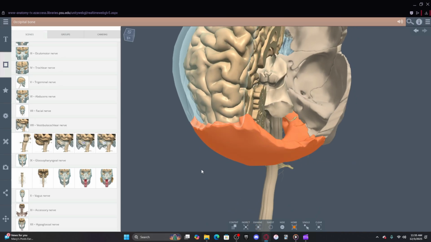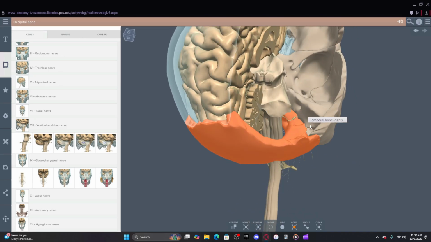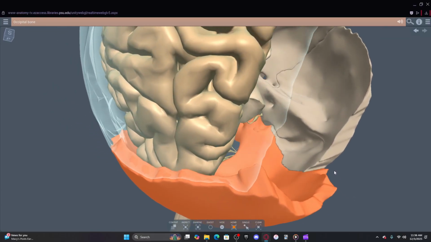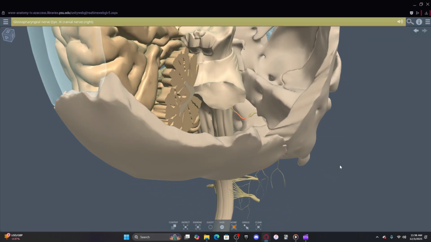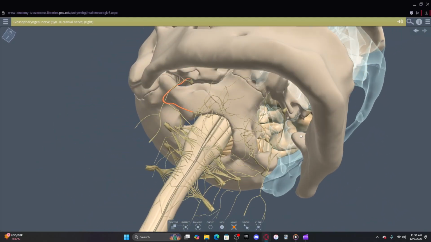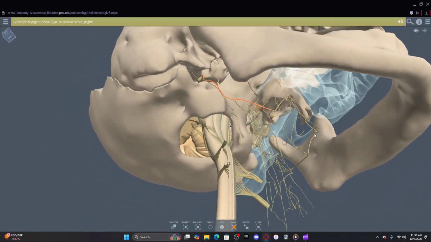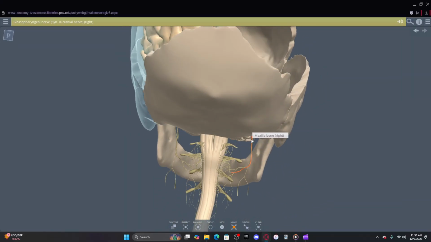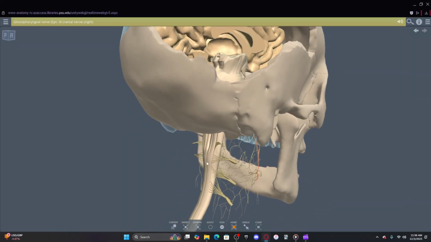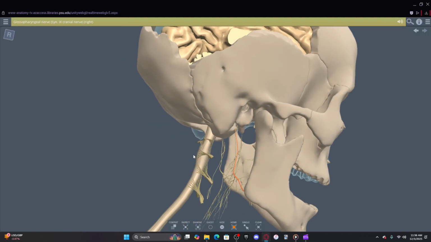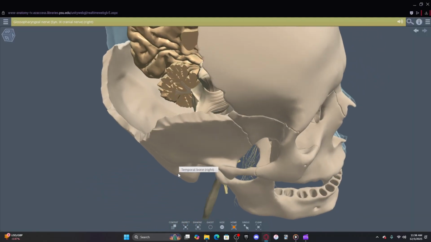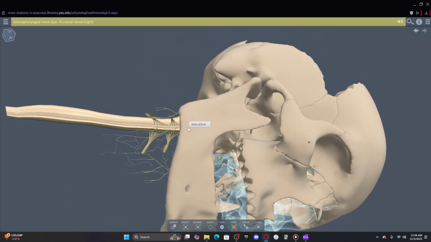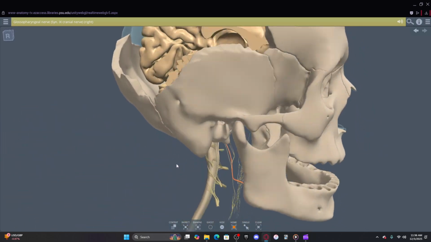Right, so cranial nerve number 9 right here, glossopharyngeal. It's going through the jugular foramen, and you can see it going all the way down here. Right, so from the brainstem through the jugular foramen and then going down here.